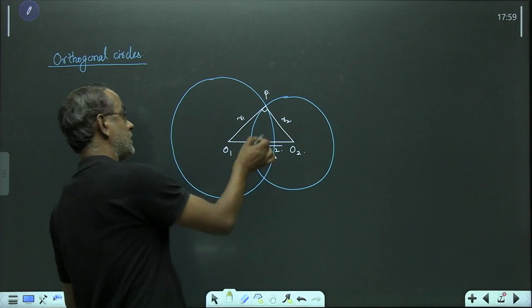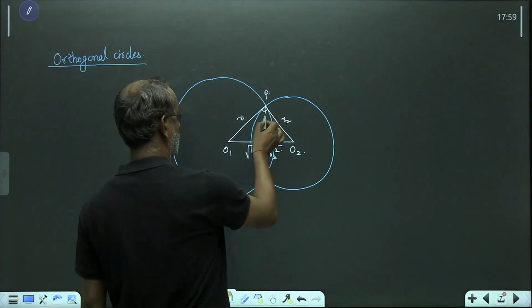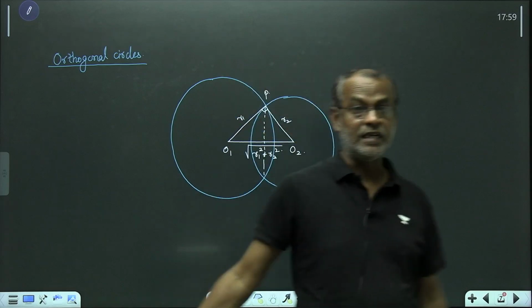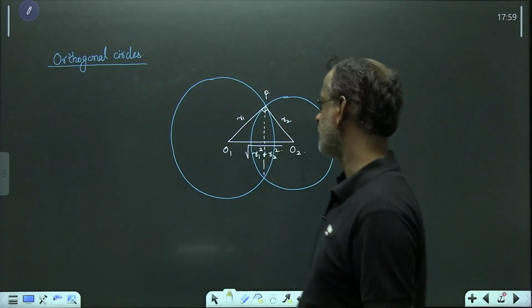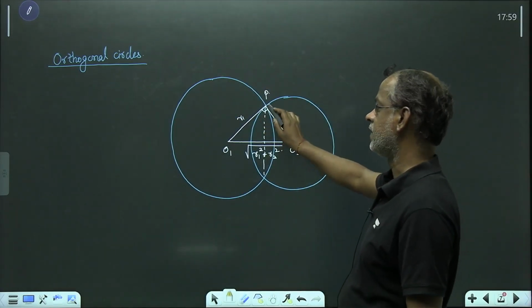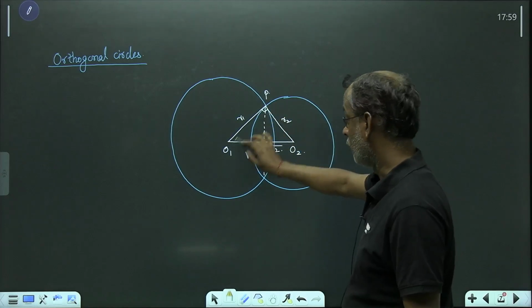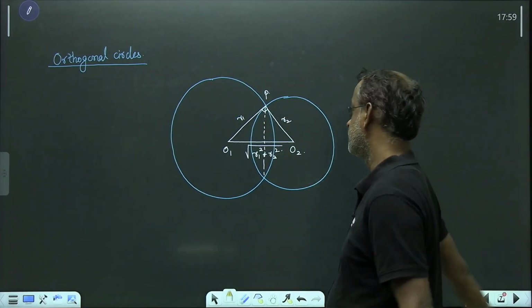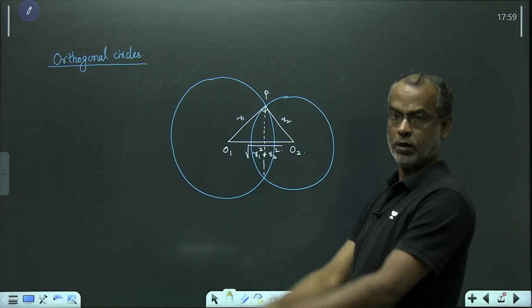If somebody is asking you to find the length of the chord, you can very easily find it. Orthogonal circles mean that the normals, or rather the radii at the point of intersection, are perpendicular.